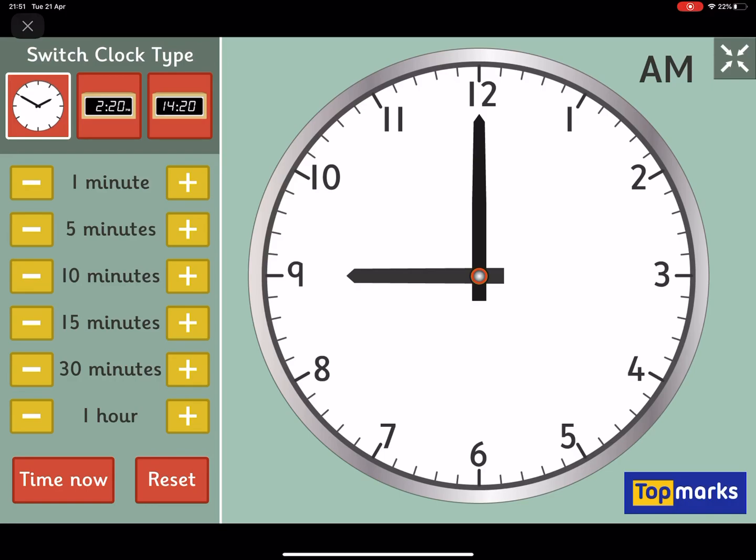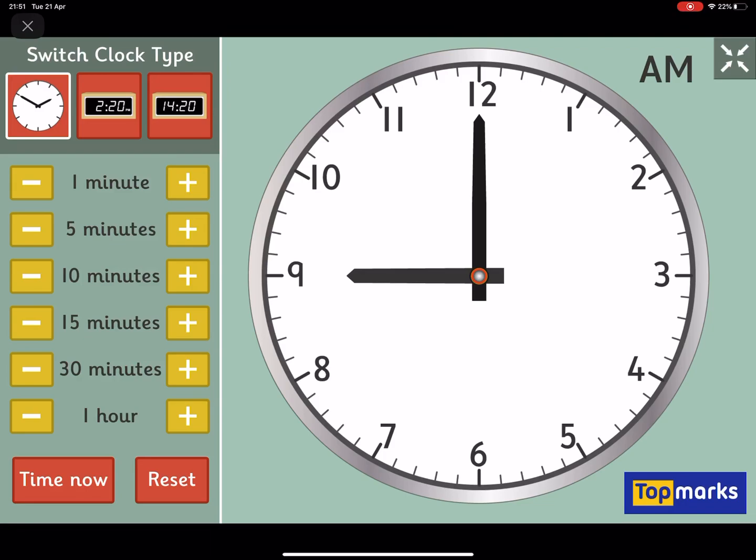The 24 hours are split into AM, which is morning, and then any time after midday, after 12 o'clock midday, is PM, so afternoon, evening and night are PM. Now when you see the clock, you see there's a long hand and a short hand. The long hand is for the minutes, it's called the minute hand, and the short hand is the hour hand.